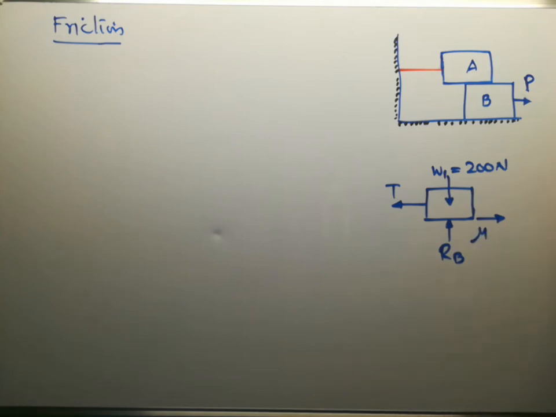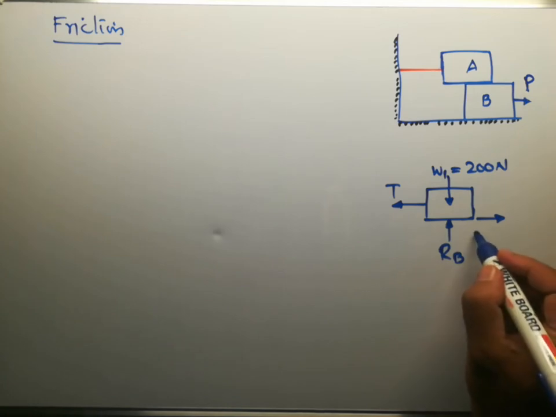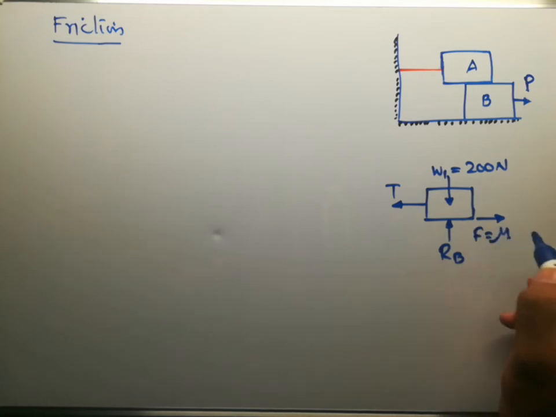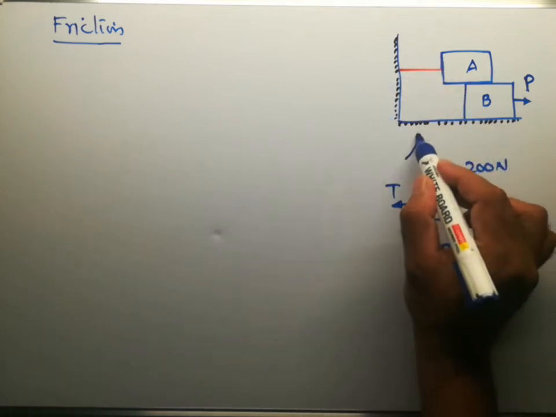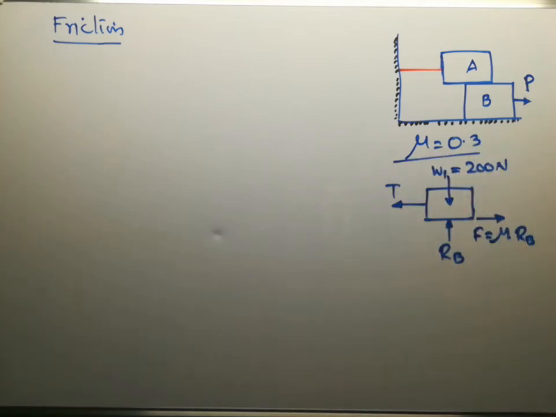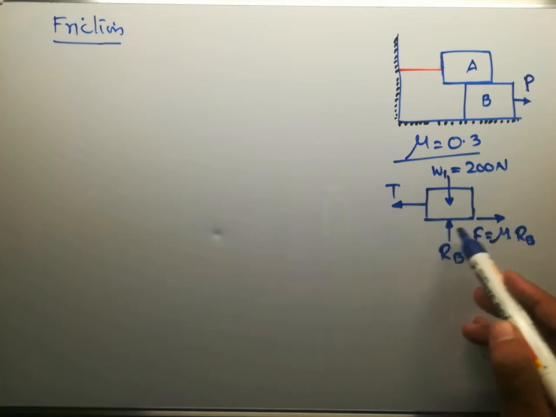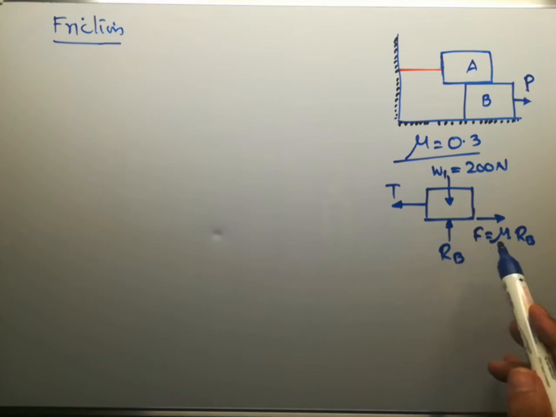Frictional force F is equal to mu into RB. Here, for all the surfaces, mu is given as 0.3, where mu is the coefficient of friction. At this contact surface, the bottom of block A, the frictional force, that is the limiting friction, F is equal to mu into RB.